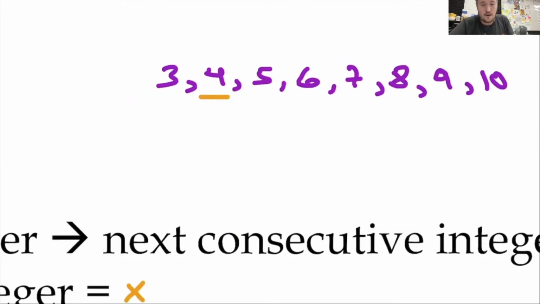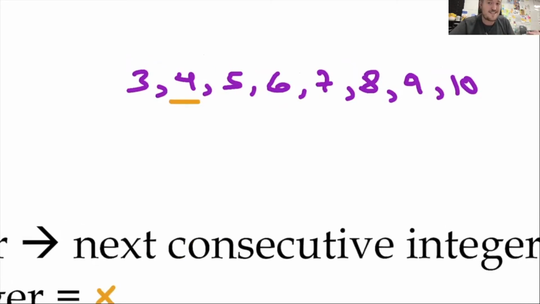Now we also have what we call consecutive even and odd integers. If I'm looking at consecutive even integers, that means the next even integer. So if I'm looking at 4, then consecutive even would be 6. I'm not taking 5 because that's odd. I only want the consecutive evens. That'd be 6, and so on. From 6, we're looking at 8. From 8, we're looking at 10.